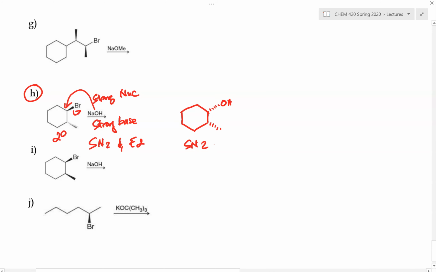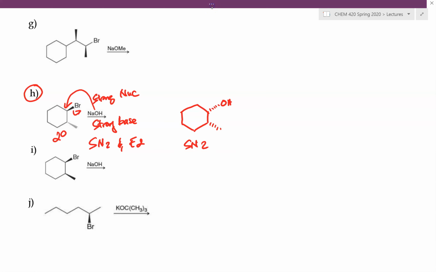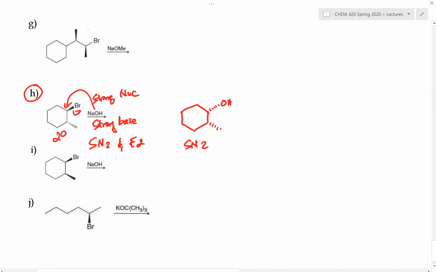As for the E2 product here, the reagent will come in, acting as a base to pick up one of the beta hydrogens. Here we have a beta hydrogen above, and we also have 2 beta hydrogens over here. If we still remember about the E2 mechanism, in order for it to undergo E2, the hydrogen and the leaving group have to be anti-periplanar to each other.